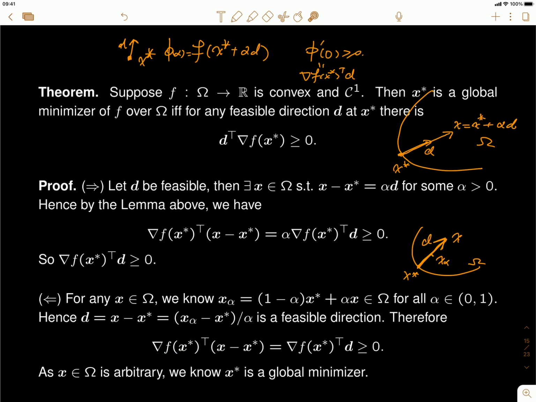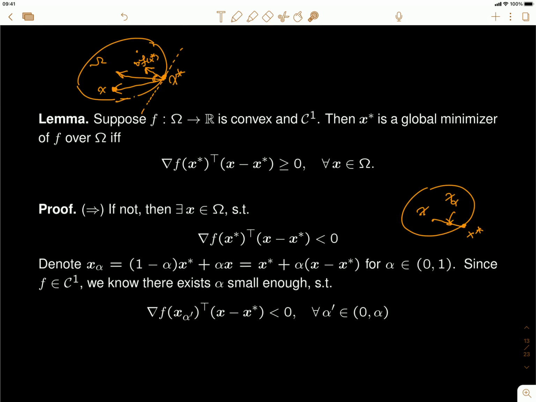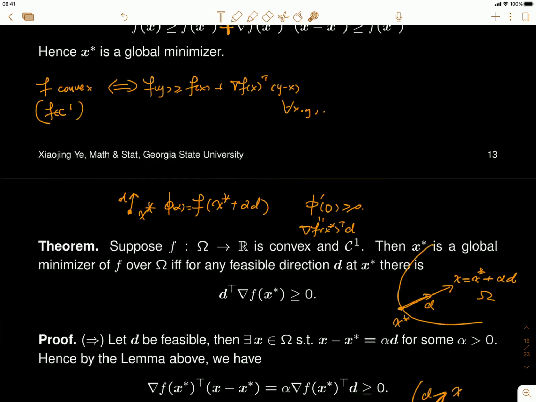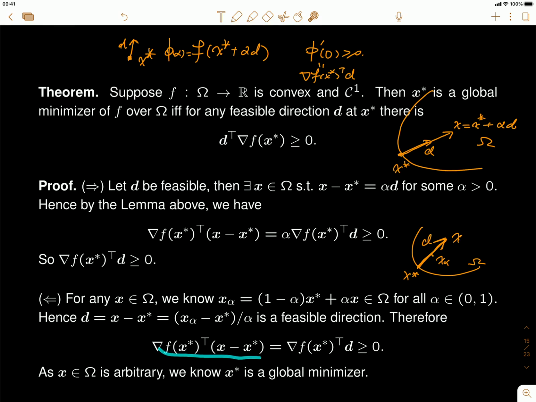And remember, the theorem we had a few pages earlier says that x star is a global minimizer if and only if for any x, this is greater than or equal to 0. Now, for any x, we show that this is indeed greater than or equal to 0, and that means x star is a global minimizer.